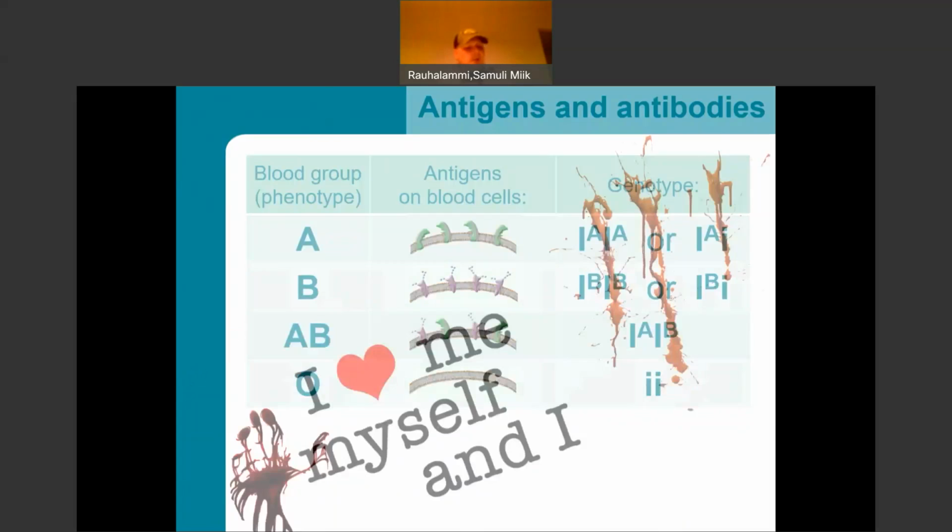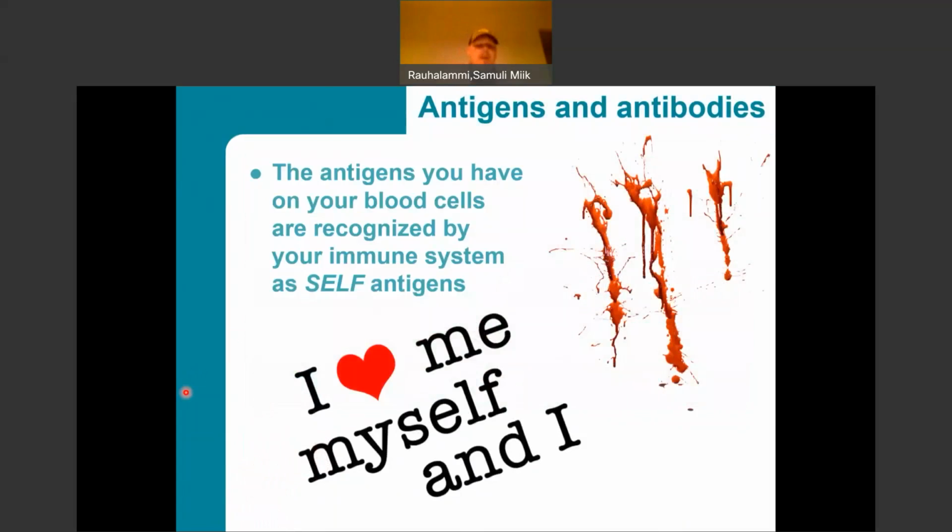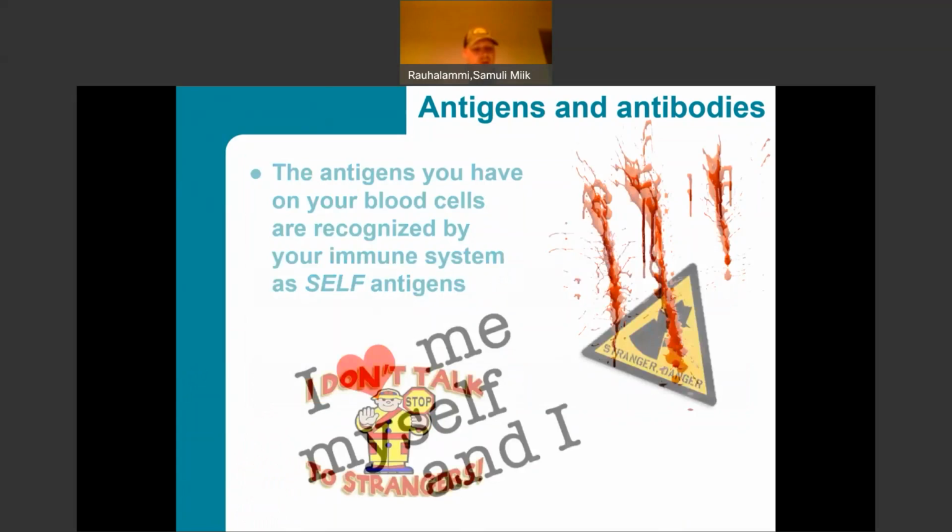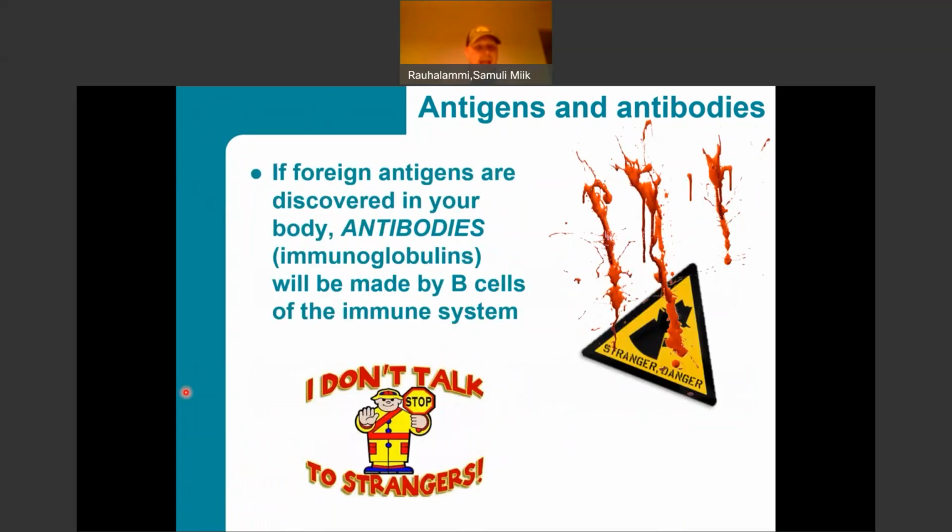To really understand the transfusions that we're talking about, donating and receiving blood, we have to talk about antibodies. So far, we have talked about antigens, but let's talk about antibodies a little. So antigens were these A and B sprinkles on the red blood cell surface, so they help cells identify each other.